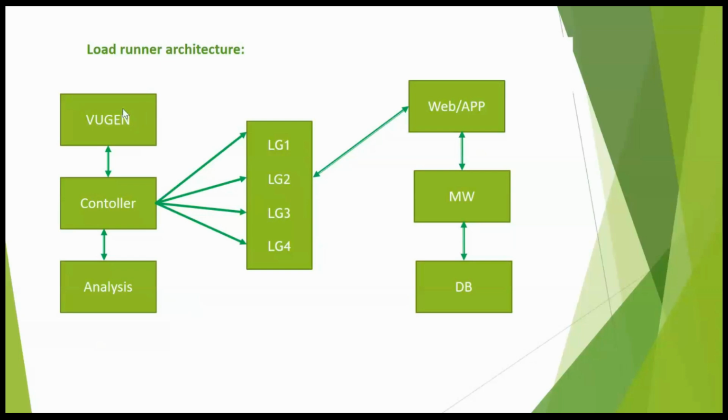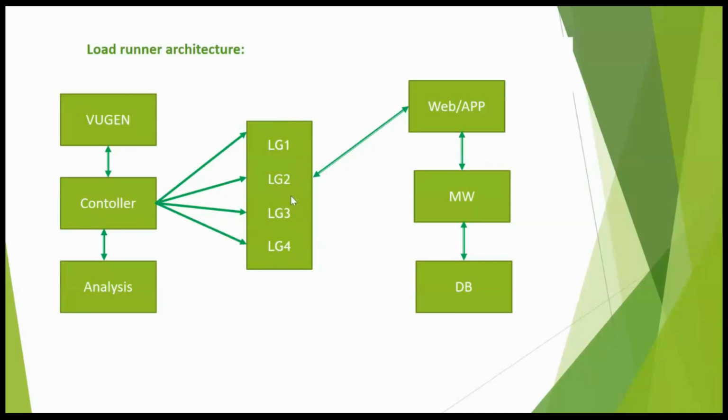Once the script is ready, we keep the script in the Controller, where we execute it with multi-user load. Whenever we want to run a larger number of users, we use different LGs as shown in the diagram.